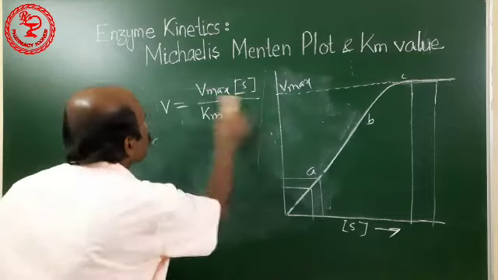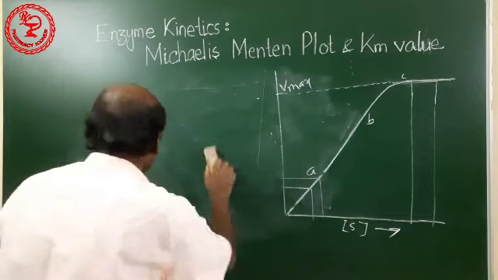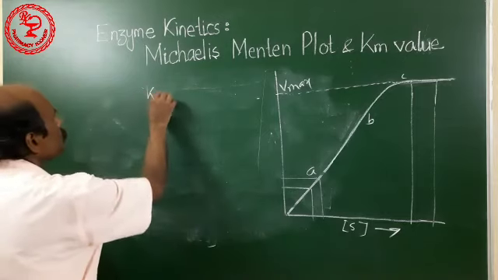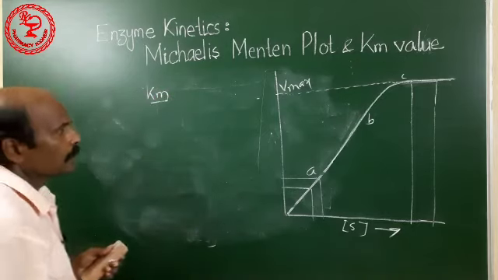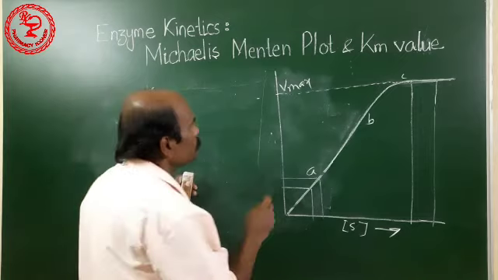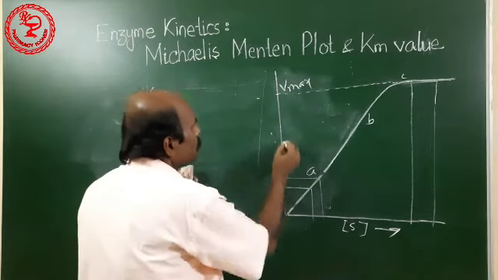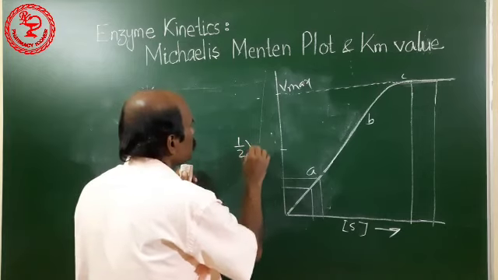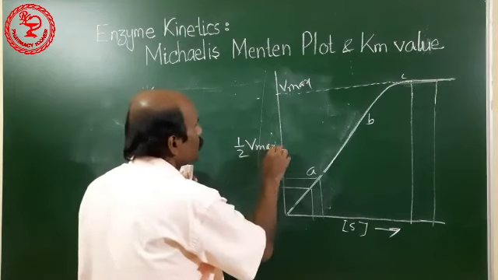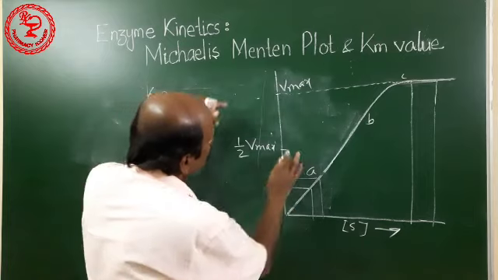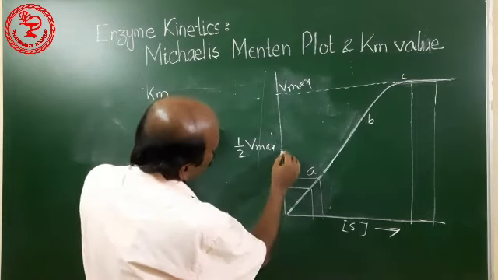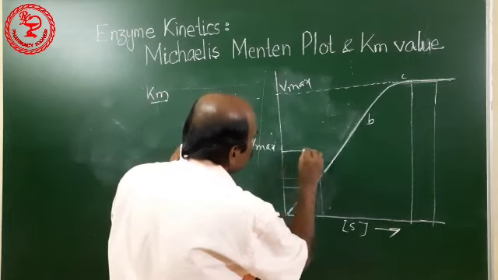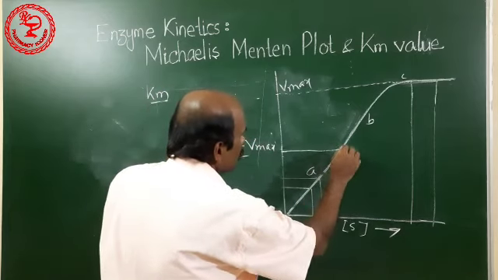Next we go to the Km value. If we consider the middle portion, half Vmax, we draw a line parallel to the x-axis.